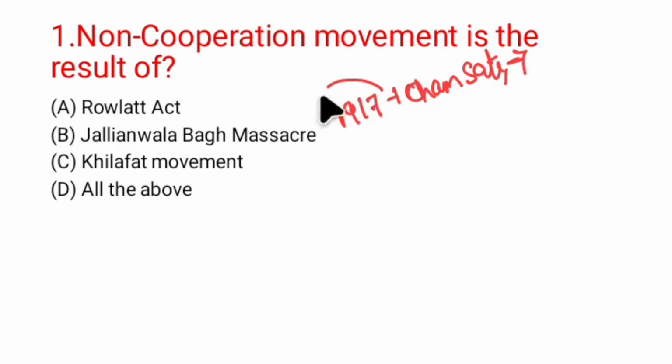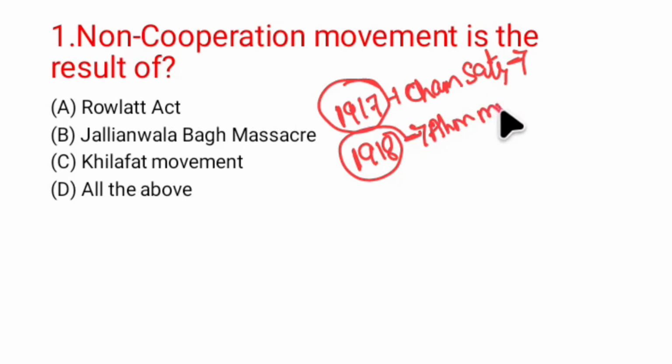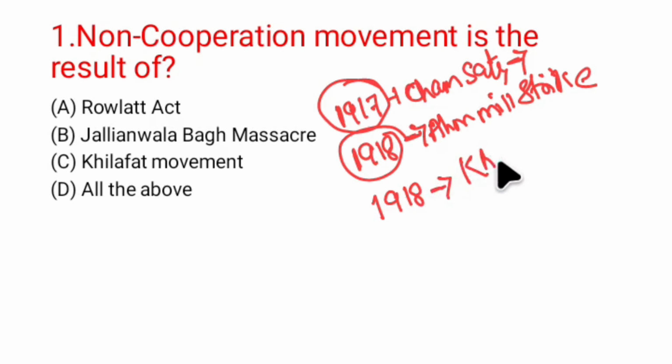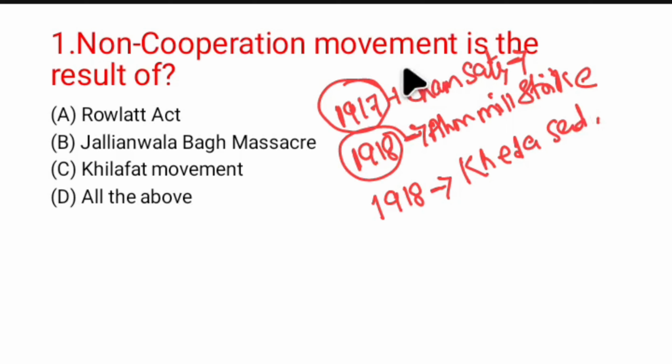Then in 1918, he launched the Ahmedabad mill strike, and in the same year 1918, he launched the Kheda Satyagraha in Gujarat: Champaran in Bihar and Kheda in Gujarat.